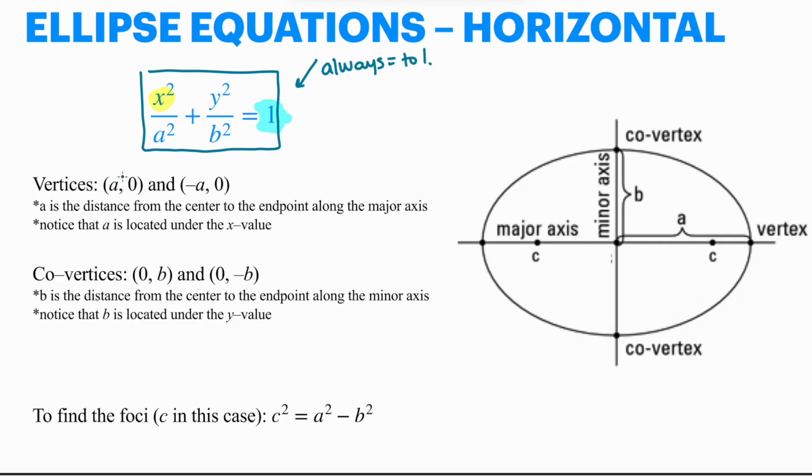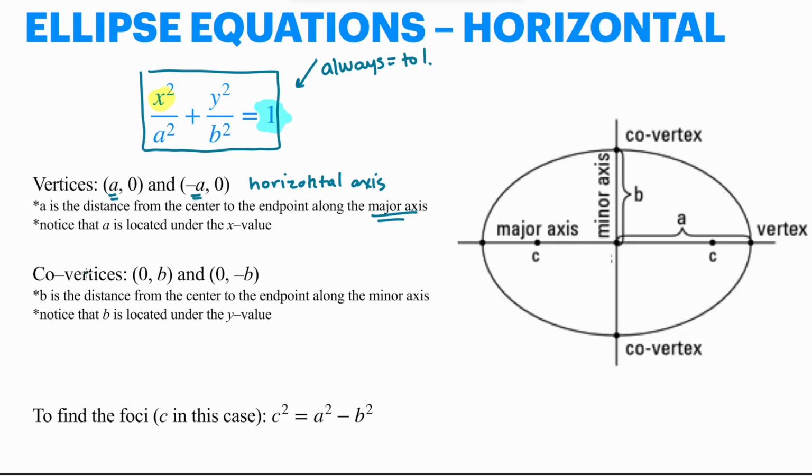The vertices would be represented by (A, 0) and (negative A, 0) because it's along the major horizontal axis. That's why you're dealing with the x value.